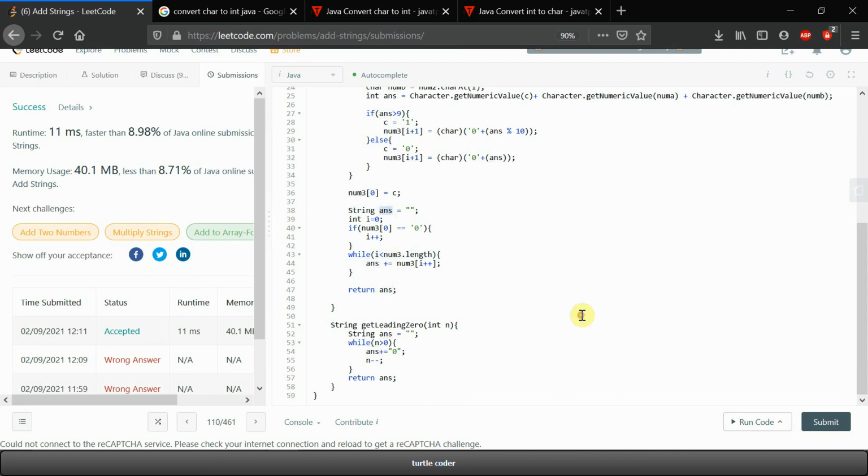I think because of this string immutability, this is taking a lot of time.